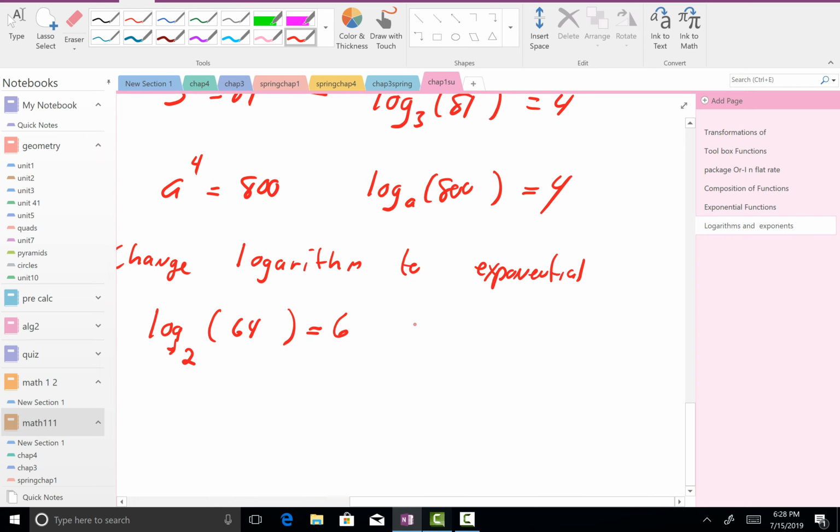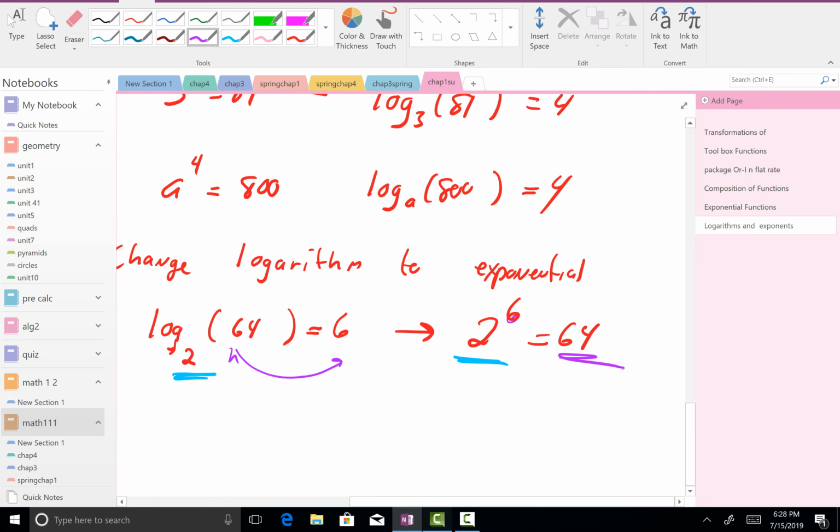Okay, so now we're going to change this to an exponential. So what are we going to write? Right. Okay, so the base is 2. There's our base. Okay, we're taking the log of 64. These things got to switch. Okay, so the 6 becomes the input and the 64 becomes the output.